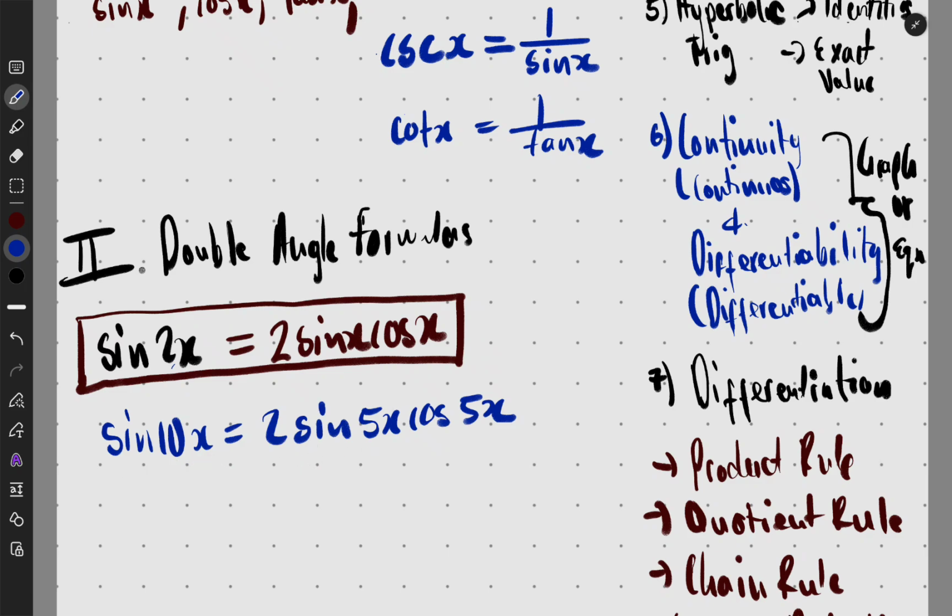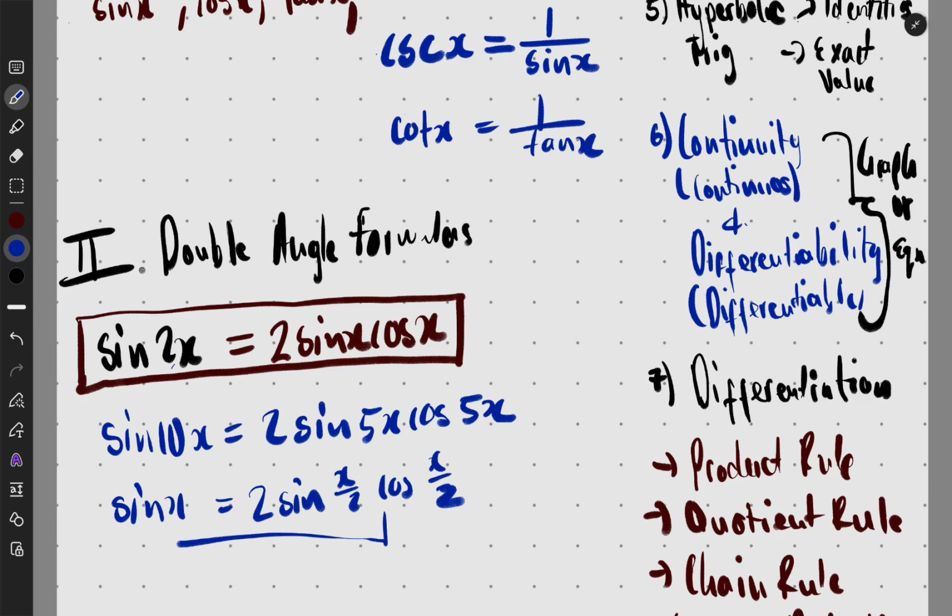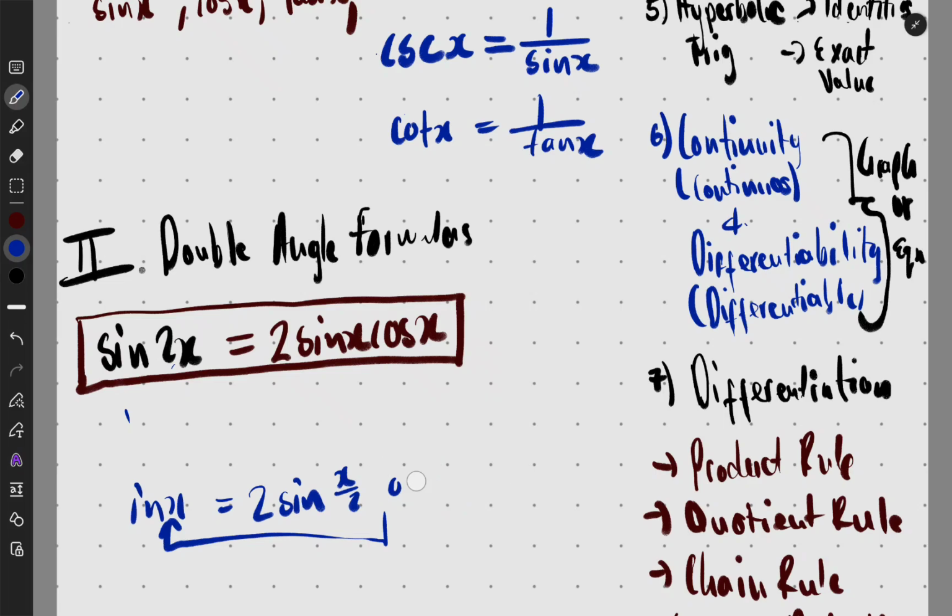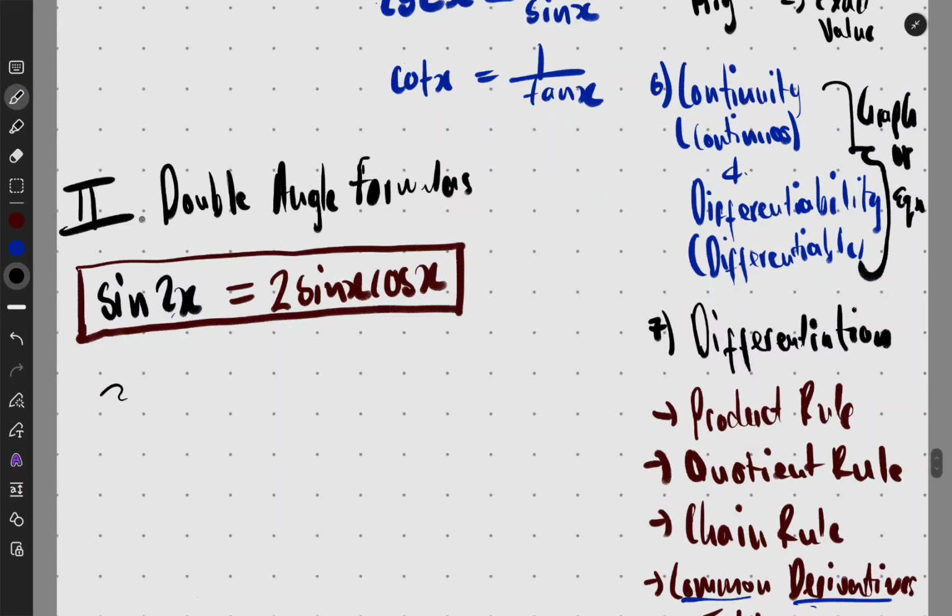What about if I have a sine x? This will become 2 sine x over 2 cos x over 2. So if I ever see 2 sine x over 2 cos x over 2, I know it comes from the double angle formula for sine. Sine 2x is 2 sine x cos x.